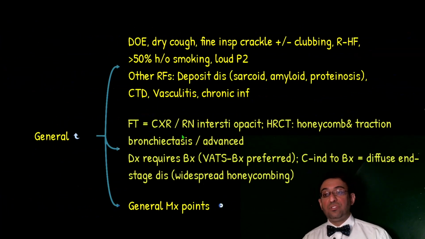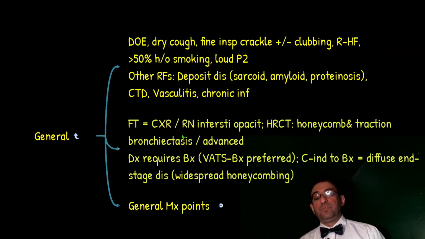Next best test is high resolution CT. We would observe honeycombing and traction bronchiectasis in the advanced forms compatible with progressive massive fibrosis. And always remember that the diagnosis of any of these conditions requires biopsy. The preferred approach is video-assisted thoracoscopic surgical biopsy.